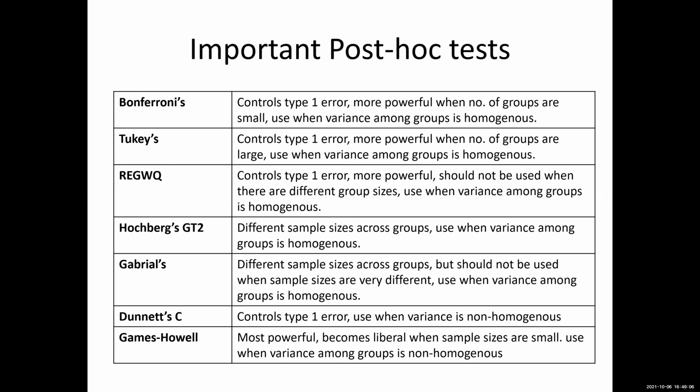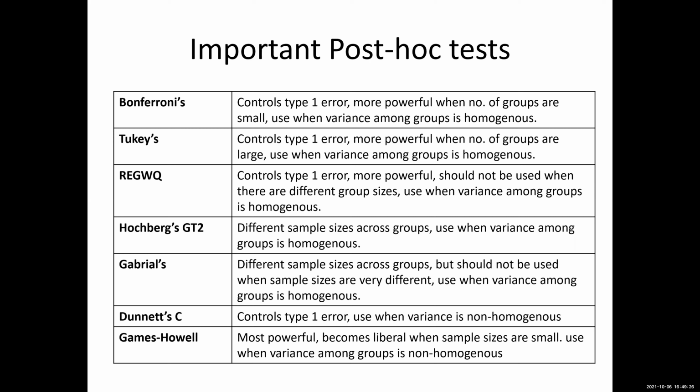So you see that you have very different numbers of respondents under each category. In that case, this is not recommended. And this is also used when variance among groups is homogeneous.